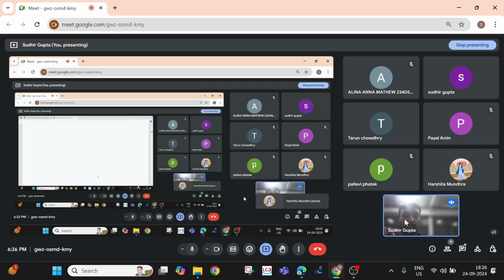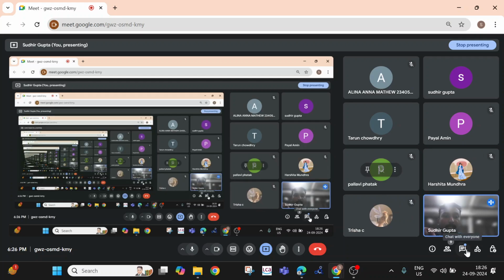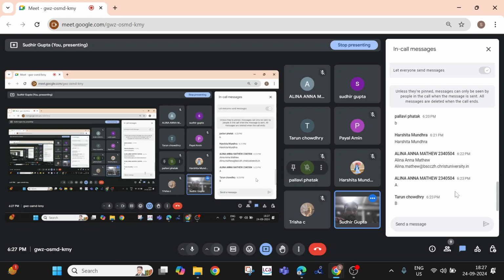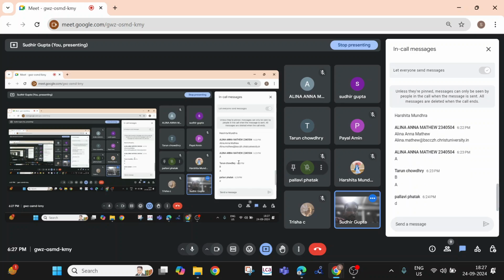Let me see who is giving the correct answer today and who has revised the things correctly. Okay, Palvi Pathak is on the right way, I think. She has only answered option D. Please show the question again.